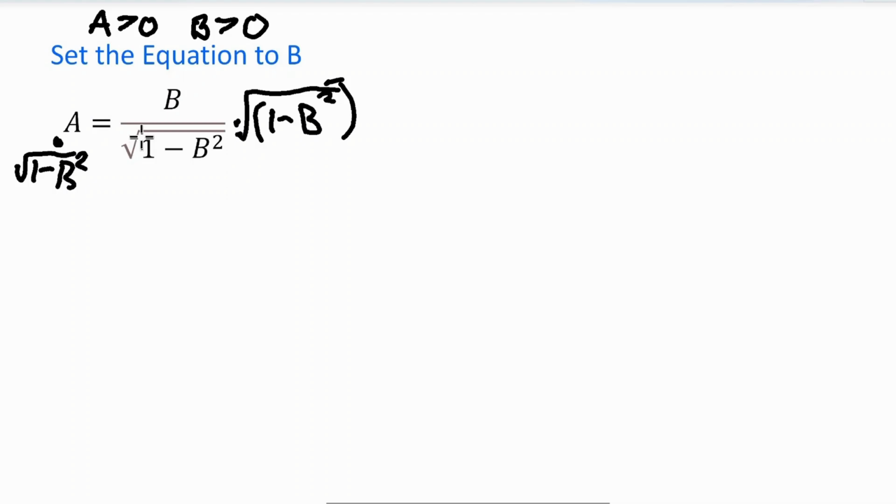As you can see, these two cancel out. So now we're left with the square root of 1 minus b squared times a is equal to b.